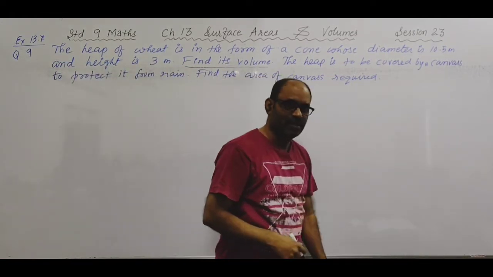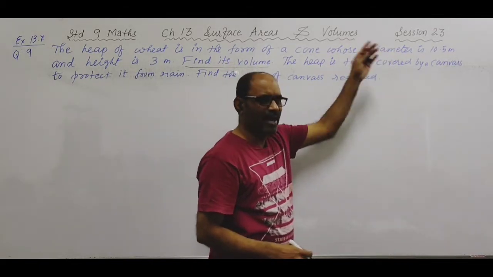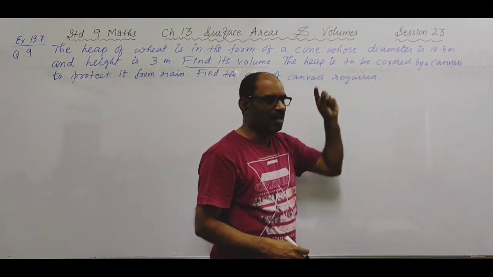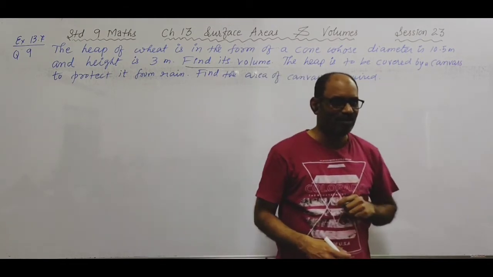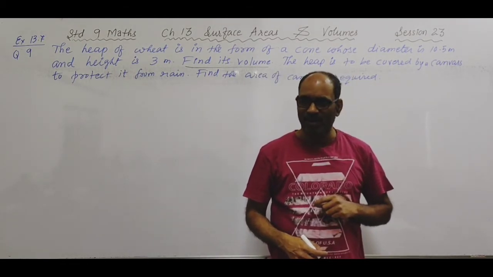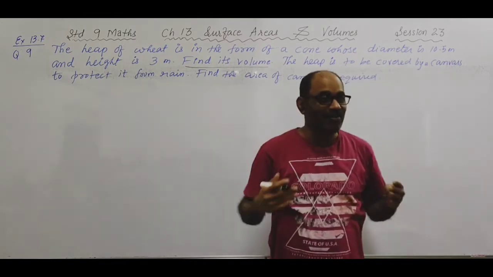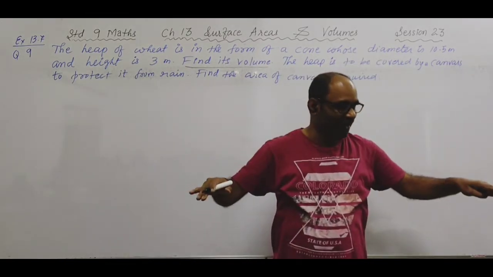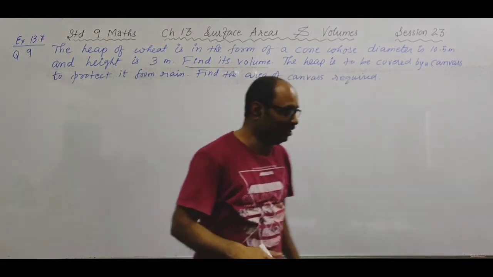Find its volume. So you have height and diameter. दोनों है. Diameter से radius. And what is the formula to find volume of cone? Why we are using the formula to find volume of cone? Because that heap of wheat is going to be conical in shape.